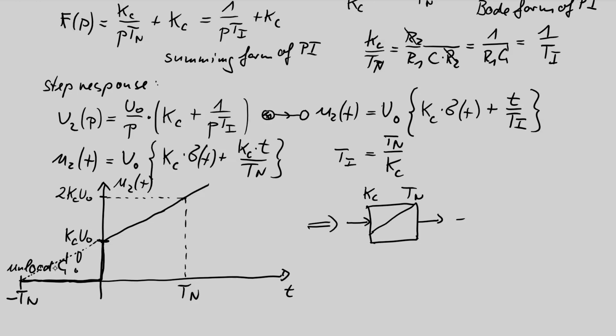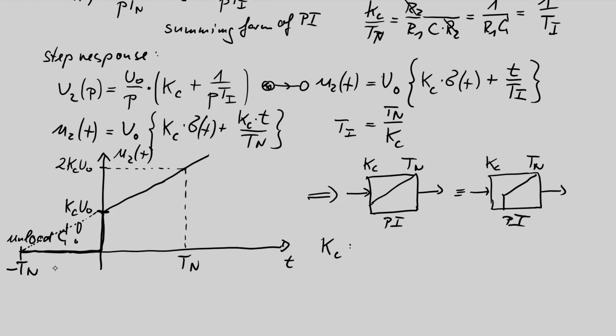So I sometimes prefer this symbol with the same parameters in the top right and top left position; it is more unique and the mix-up is more difficult. In both cases we have a PI. In some programs you can find this, in other programs you can find that, so both have the same meaning. Okay, this is my PI block.